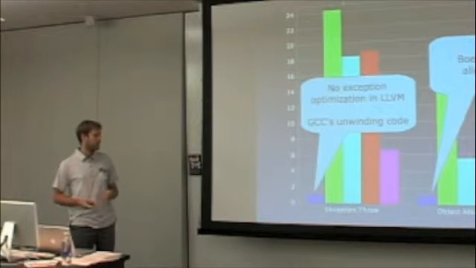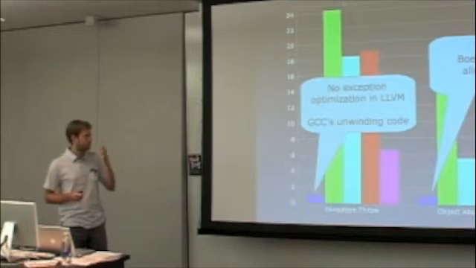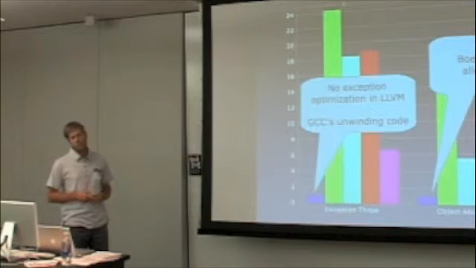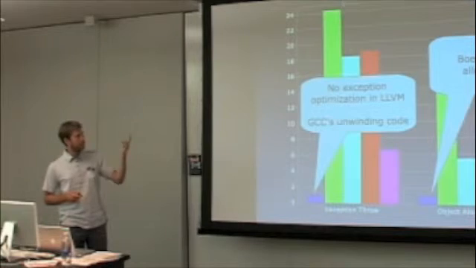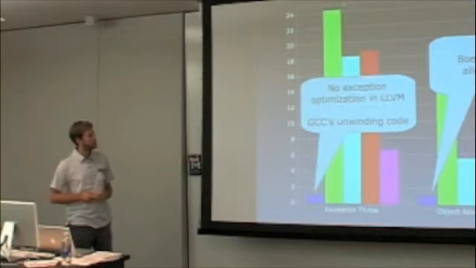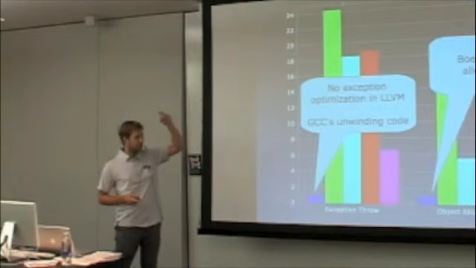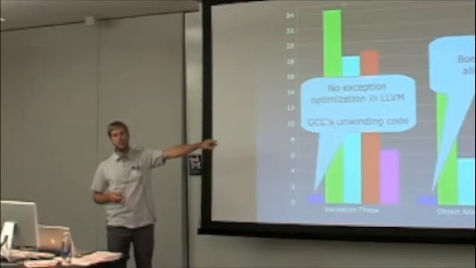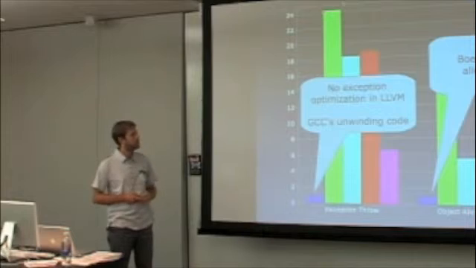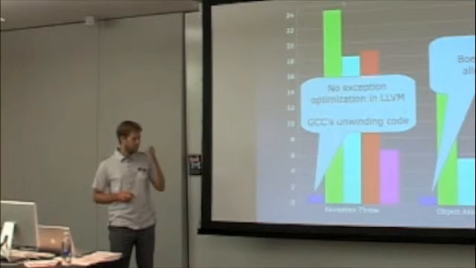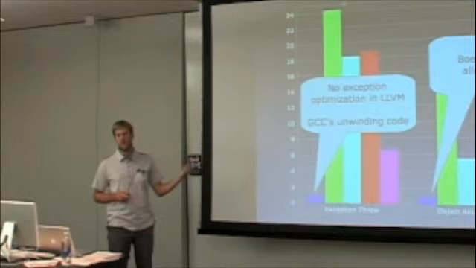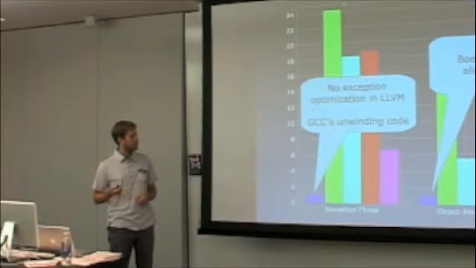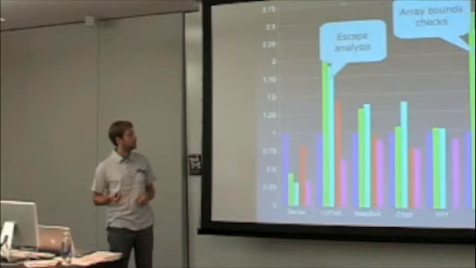Since LLVM is a friendly community, I won't say that GCC's unwinding code is crappy, but well. For memory allocation, we're using the Boehm GC allocator, which is a conservative allocator. Kaffe is also using the Boehm GC, so that's why we have comparable performance. In a virtual machine, a conservative GC is bad. You should use a generational garbage collector.